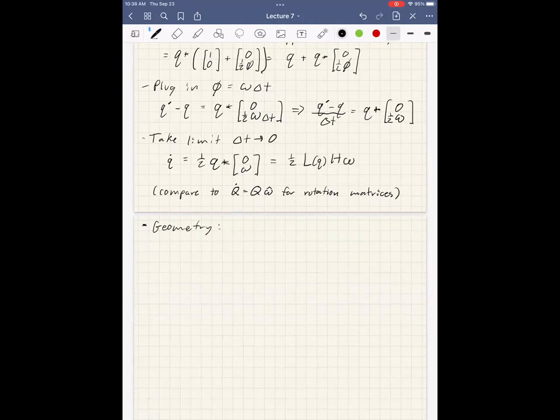Okay, so remember these quaternions live on a unit sphere in R4. So here's the picture. Let's say I have Q happens to be over here. Where does Q dot live? That's Q. What's Q dot? It's a tangent vector, right? It's a velocity. It has to lie tangent to this sphere.